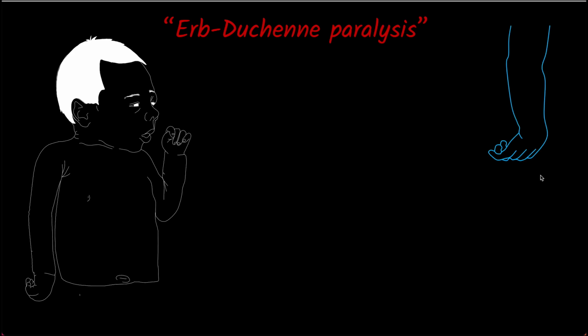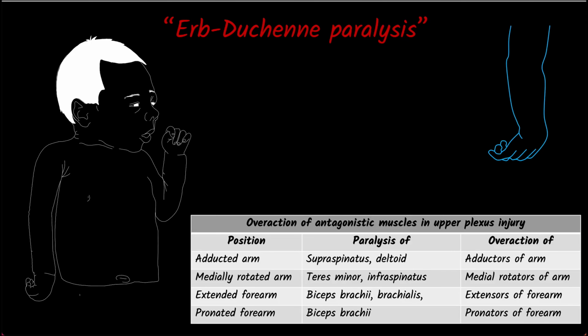Now let's look through this table at how different factors are affecting. This is the overaction of the antagonist muscles in upper plexus injuries. First, those who are affected by the upper plexus injury keep their upper limb in the adducted position. Their arm is adducted because the abductors are not working.